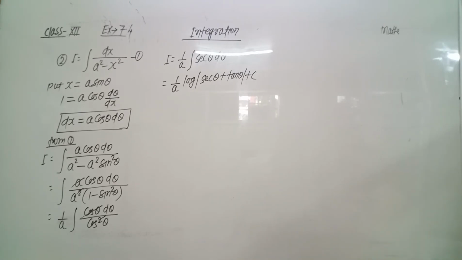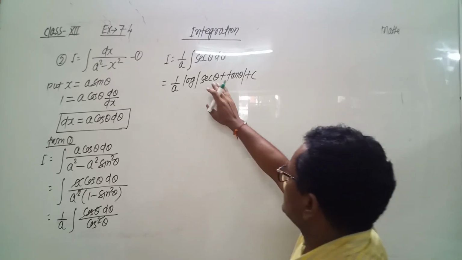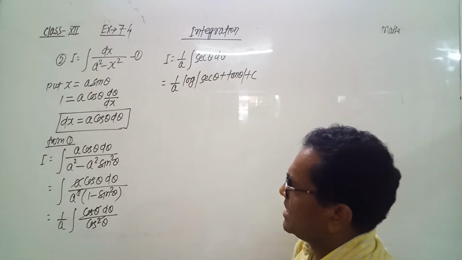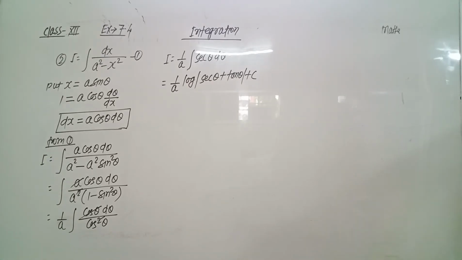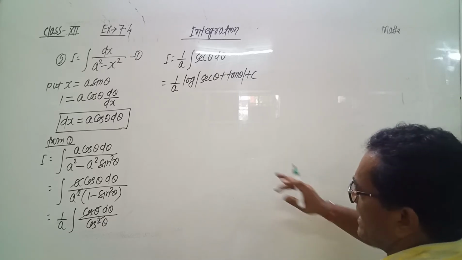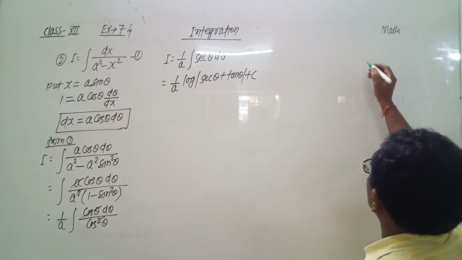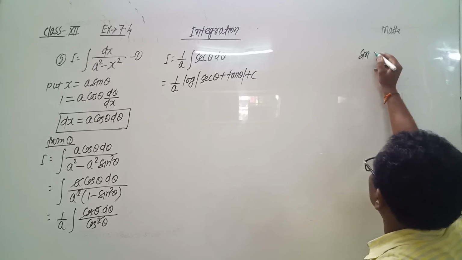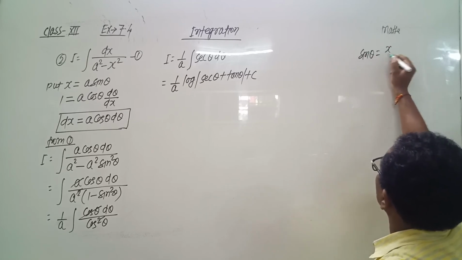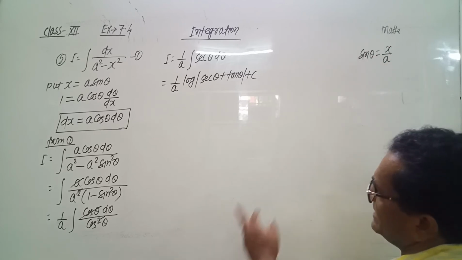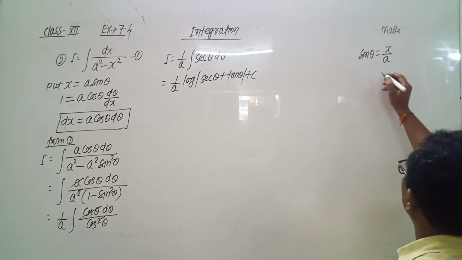Now again we will have to express sec theta and tan theta in terms of x. x was equal to a sin theta, so sin theta equals x by a.